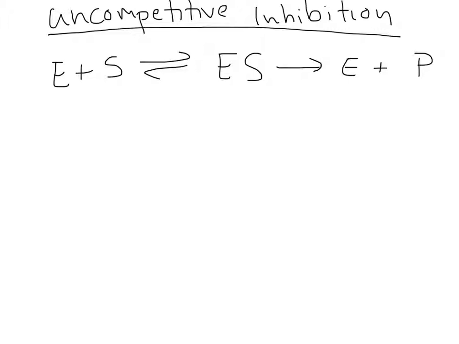But that substrate complex can react with the inhibitor, which can only bind in the presence of the substrate. So this forms a non-productive ternary complex, which involves the enzyme bound to substrate and the inhibitor. The inhibitor does not bind to the free enzyme.